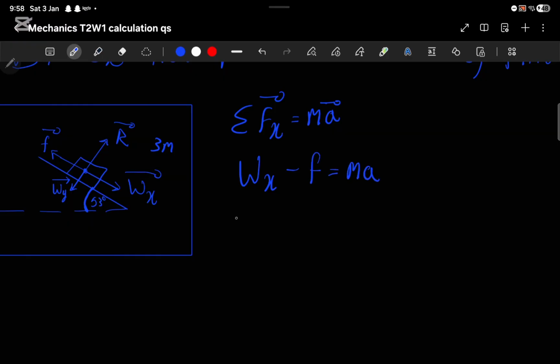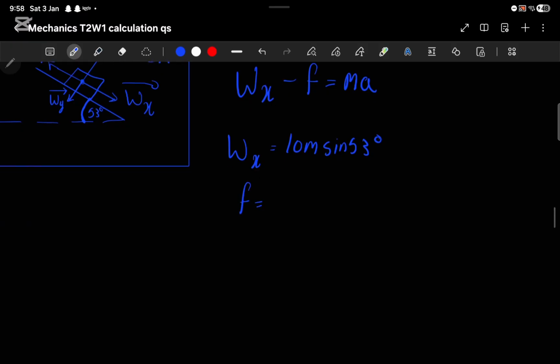So Wx is what? Wx is 10m sine 53 now, right? Again, the only thing we changed was the angle, and that caused an acceleration change. And the distance, obviously, but no one cares. So F was what? F was mu into 10m cosine 37 degrees.